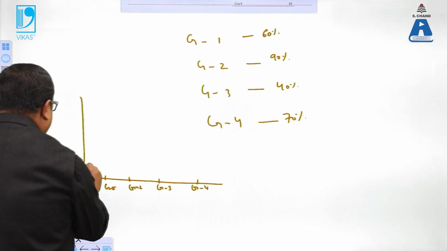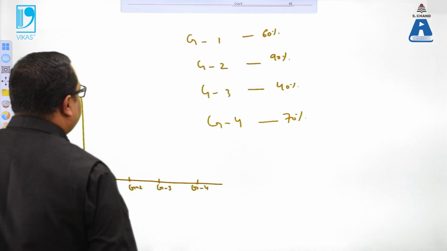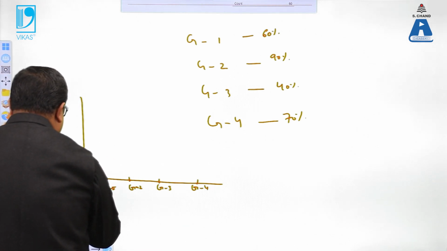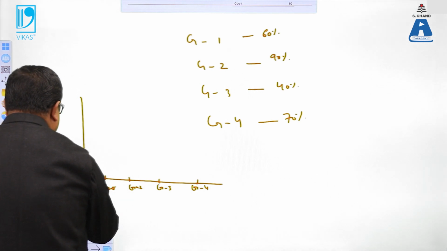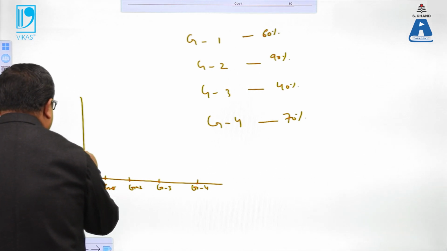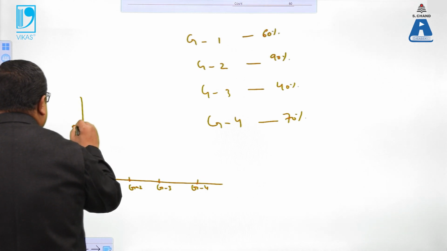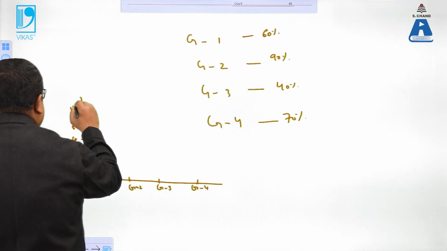Then we have the percentage. The percentage we can start from 0, then we can take a 20 interval: 20, 40, 60, 80, 100.